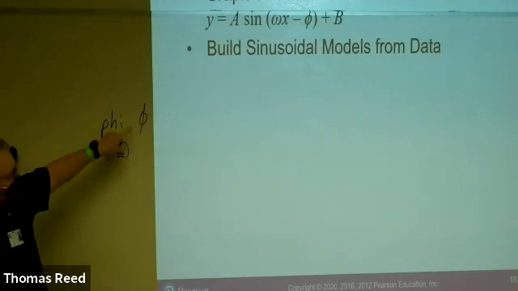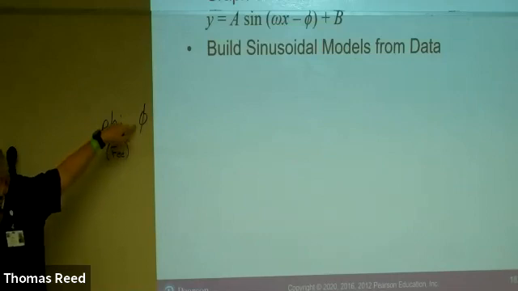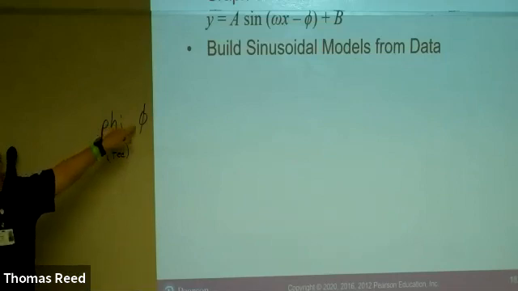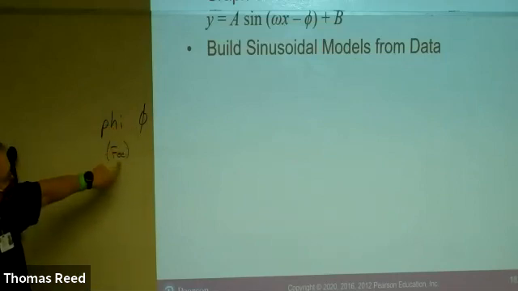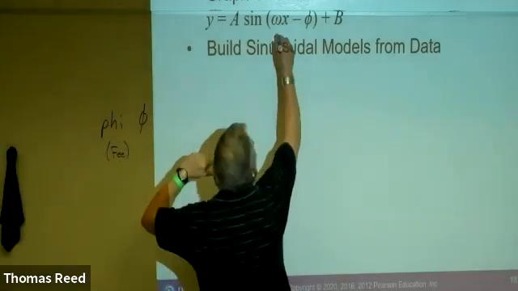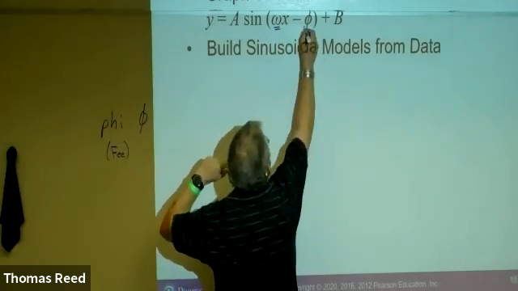Not to be confused with the number 0, because I know a lot of people, especially in the military, write their zeros that way. It's pronounced phi. So now we have 2 Greek letters, omega and phi.